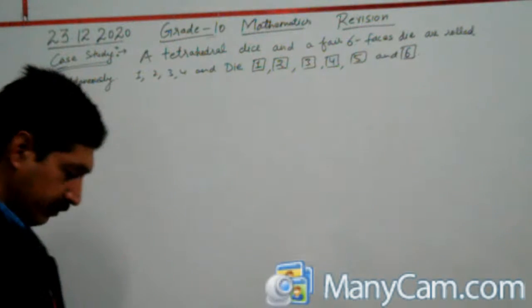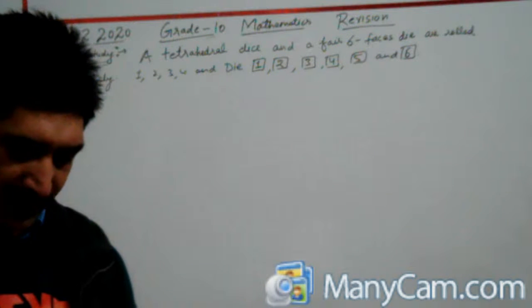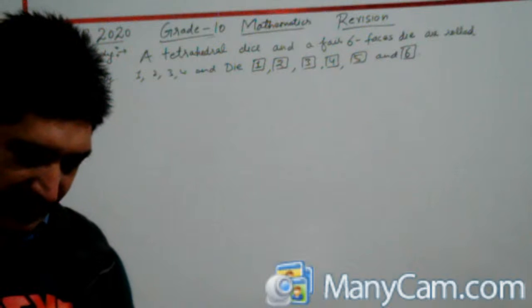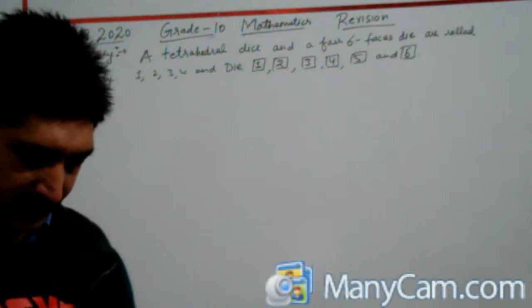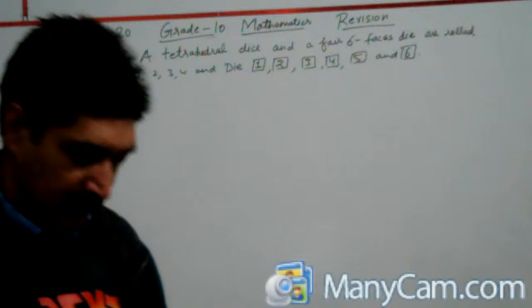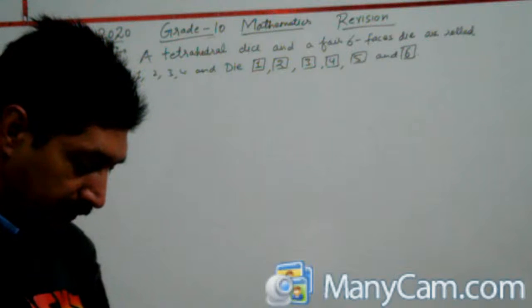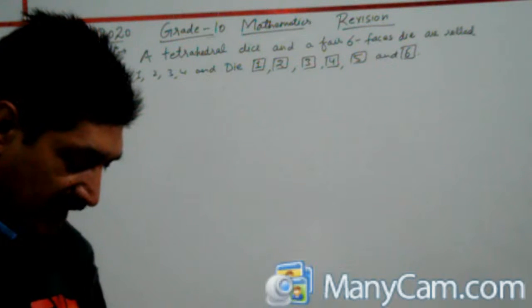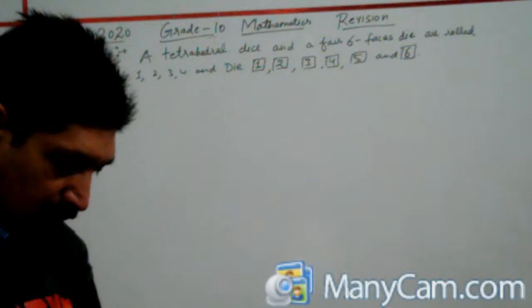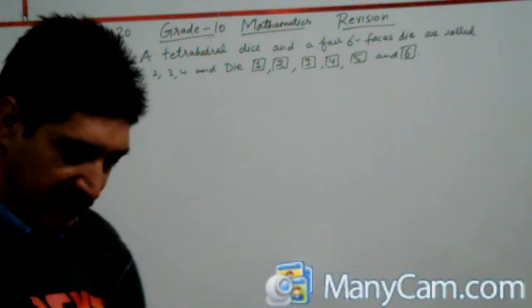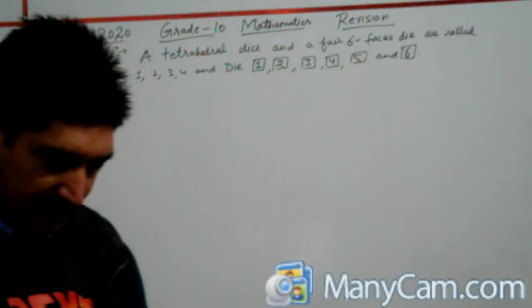Now, on the basis of the above information, write the probability that the score on the 6-face dice is greater than the sum of the scores on the two tetrahedral dice. So what is the probability here?